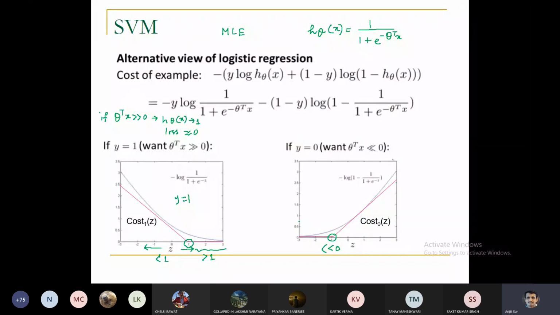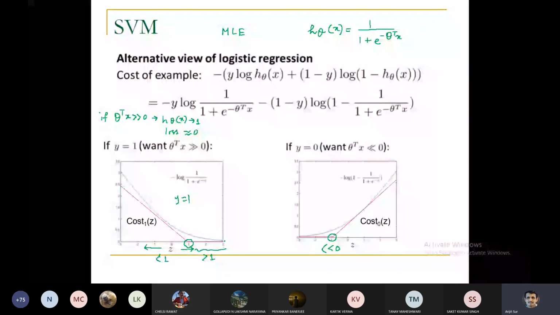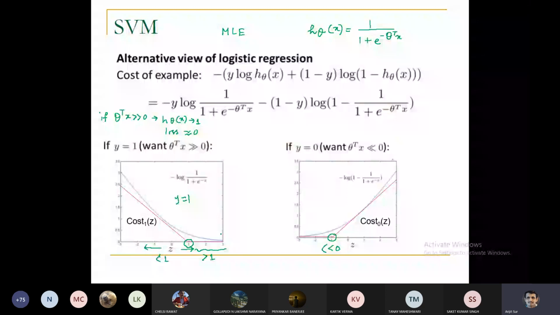Now this approximated curve, we call cost 1. Because it is for y equal to 1, we name it cost 1 of z, and this is called cost 0, because it is y equal to 0.